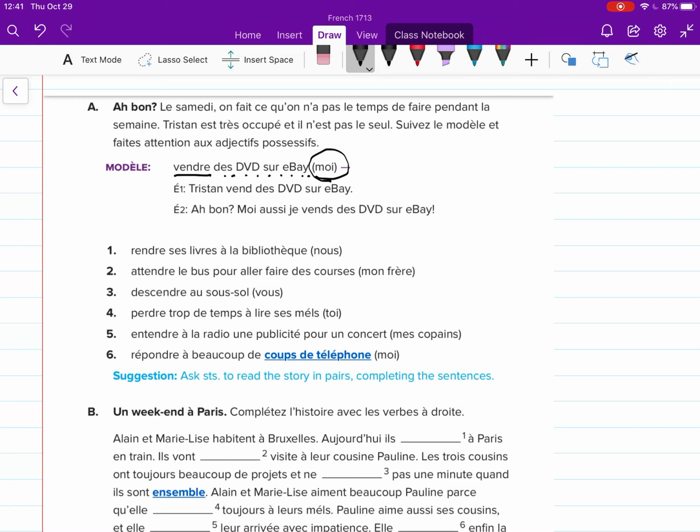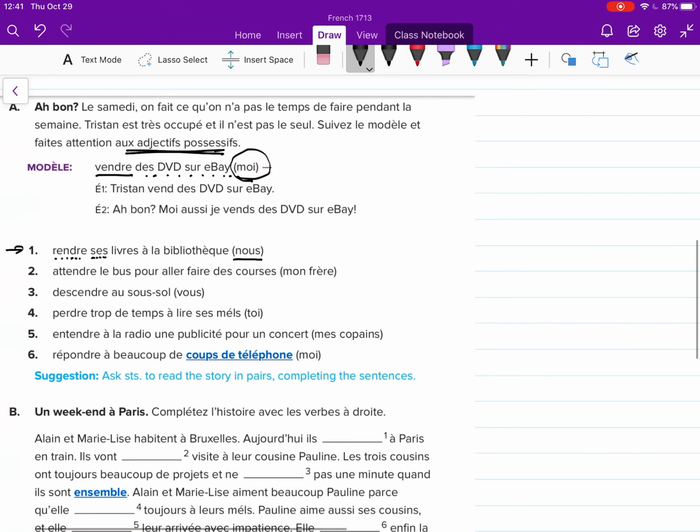So, that's what we're going to do. Here we have number 1, for example. Rendre ses livres à la bibliothèque. So you're using nous as the subject. And watch out, like it says here, for possessive adjectives. When you do nous and you conjugate rendre for it, you're also going to have to watch out for that possessive adjective. So I'll do number 1 with you first.